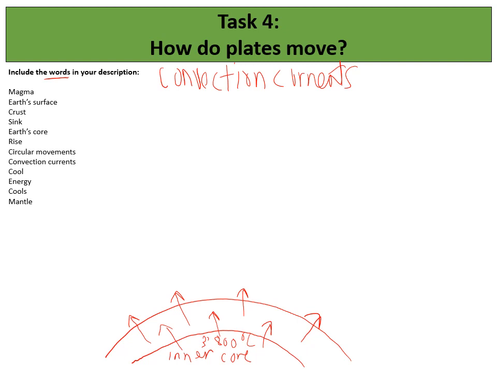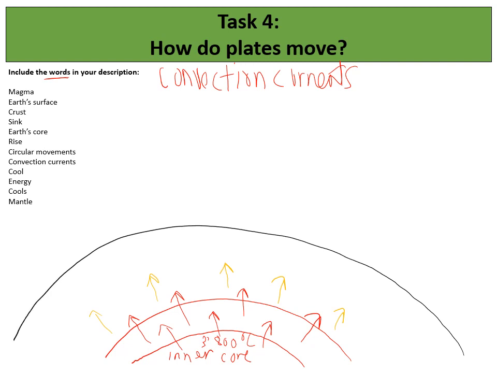Now I'm just changing my colour to more of an orange colour to show that it's still hot, but it is not as hot as it was when it was in the inner core. So this heat has risen, and that is the reason why the material in the mantle is quite viscous. So I'm just going to draw on my mantle layer.